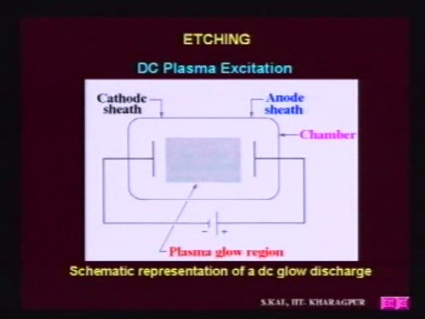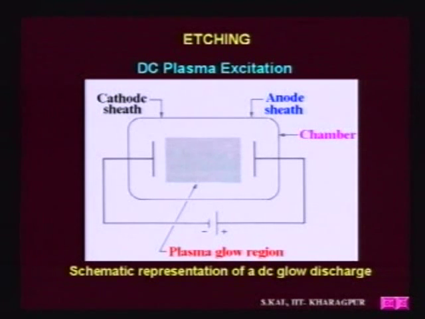Wafers are kept on one of the electrodes, cathode or anode, because both are possible. Accordingly, if ions have to be accelerated, then the wafer has to be placed on the cathode, isn't it? The ions are positively charged, they will move towards the cathode, so wafers have to be put on the cathode.